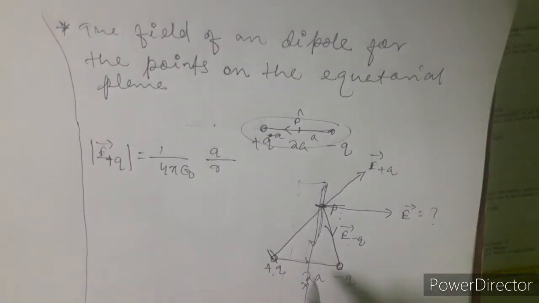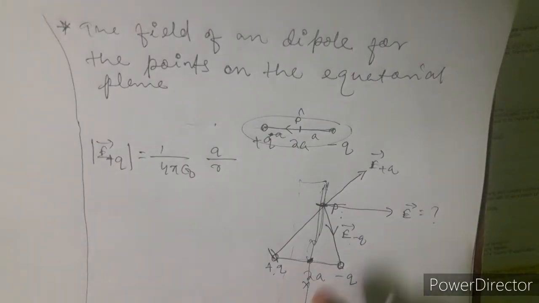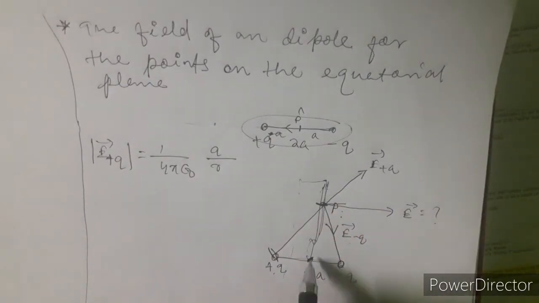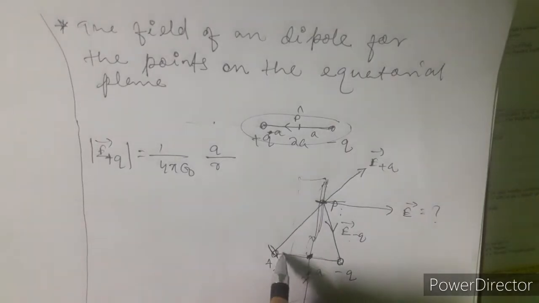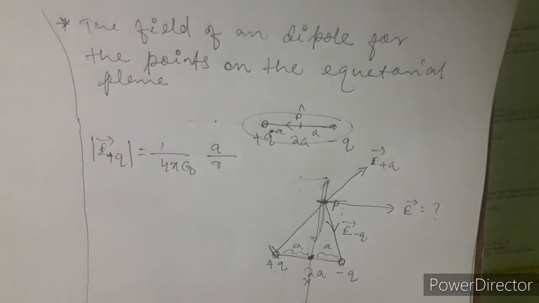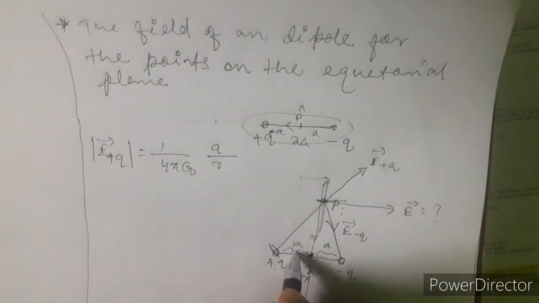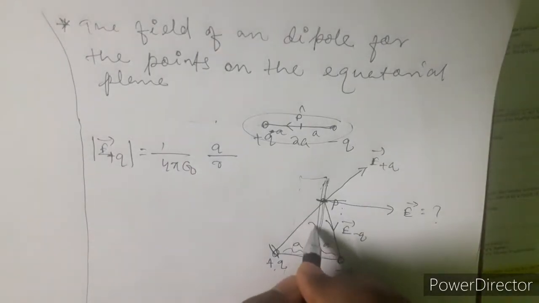This is the midpoint, the bisector, so this is the center. The distance from here to the center will be a, and the point P from the base is at a distance r.